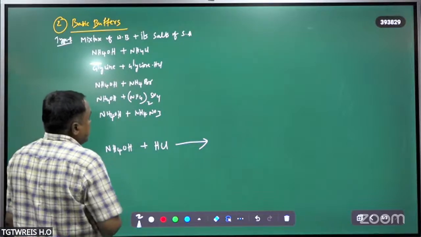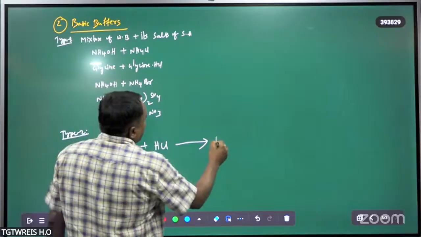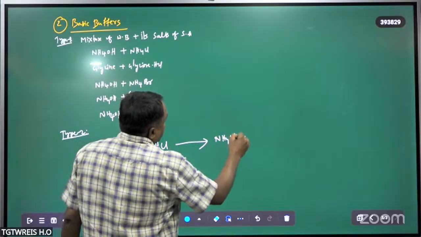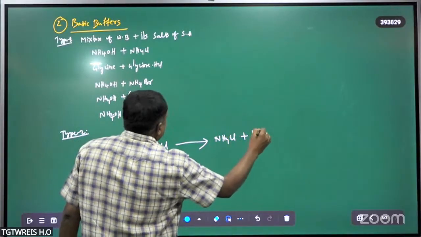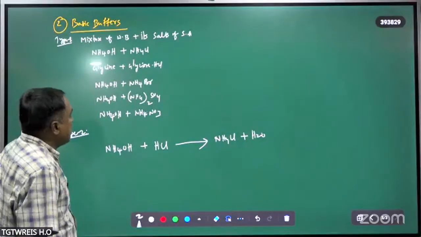So by adding HCl to this ammonium hydroxide, you will get ammonium chloride plus water.